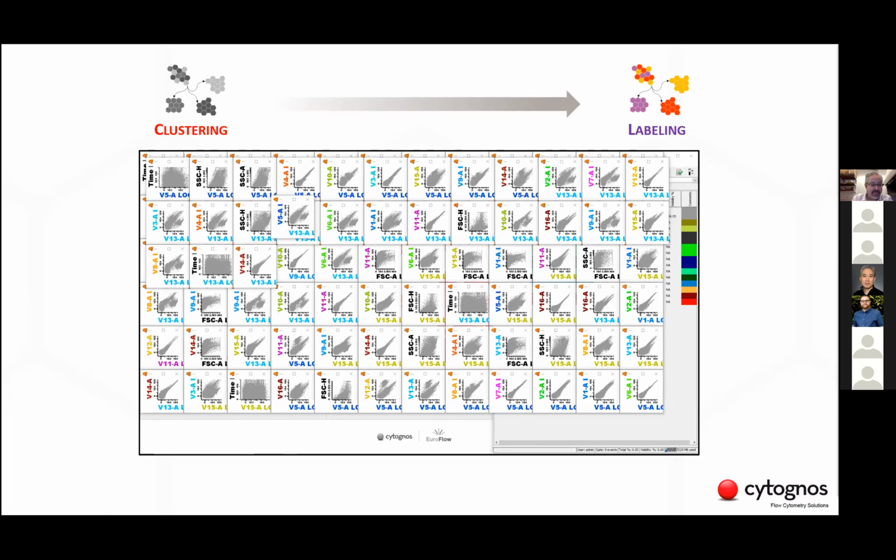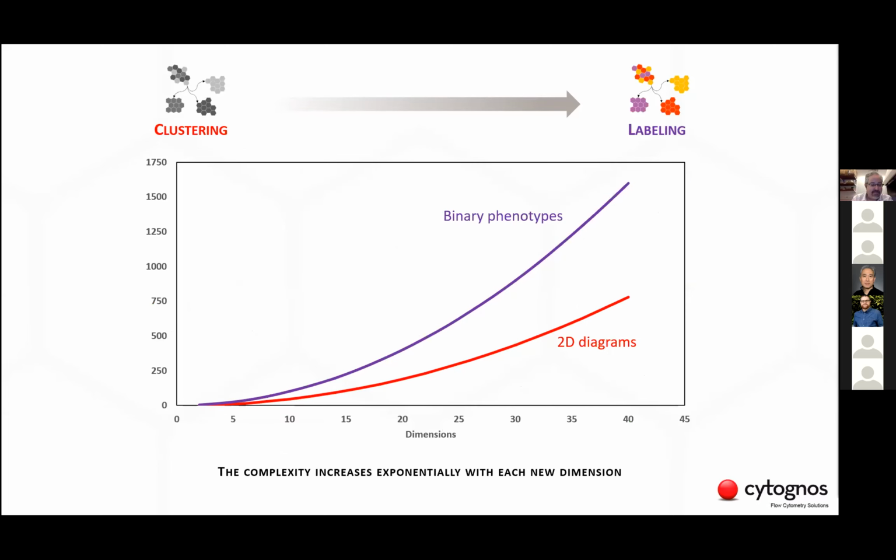If we take into account only the mathematics and all the combinations possible, you would see that the number of possible binary phenotypes, only taking into account negative and positive populations, would go up to hundreds or even thousands of possible phenotypes with a 40 color panel.